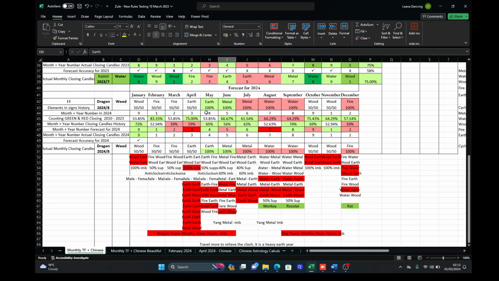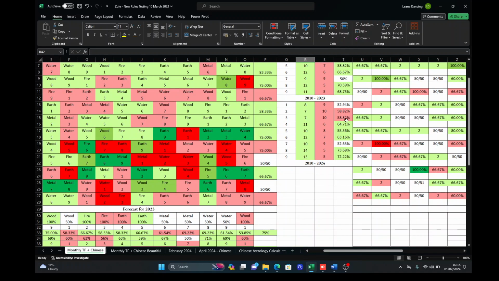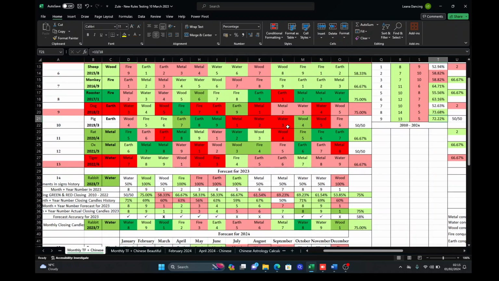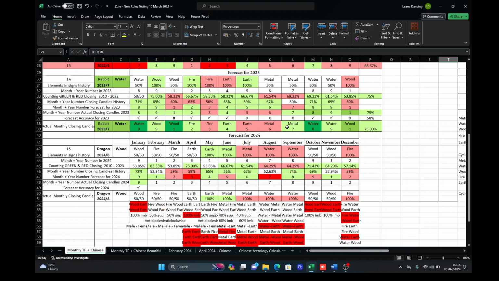And also number 4 has a good score of closing on a green candle. 64% of the time this number has closed on a green candle. Do you remember how these numbers are calculated? I explained it in the beginning of the video. Month plus year number.